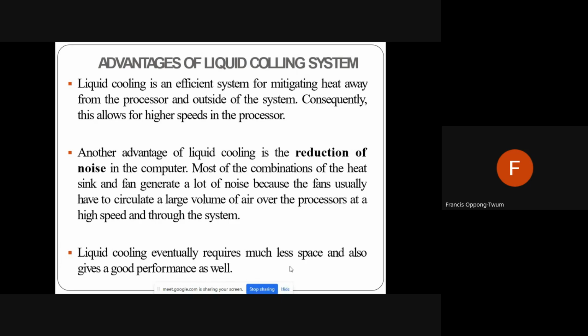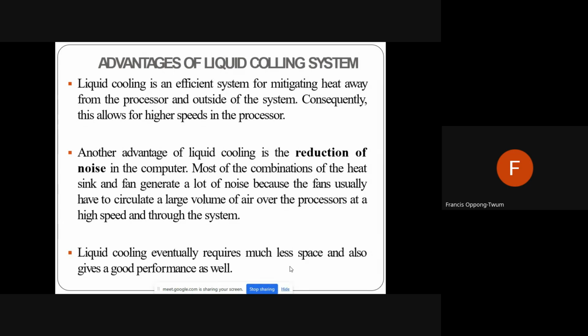Liquid cooled machines, even while processing, if you bring one close to your ear, you cannot hear any sound in the system unit. It also cools down the processor better than the fan technology.